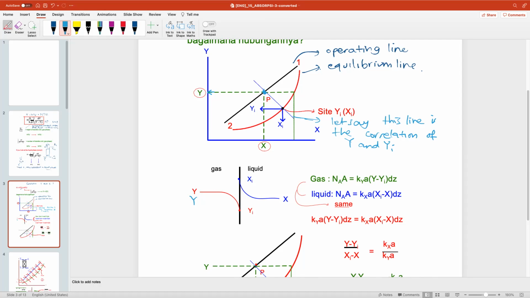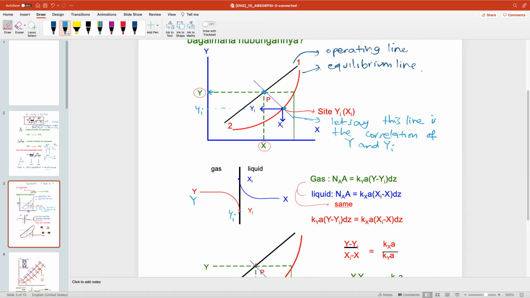So if this line is the correlation between y and yi, for example, in this point, this is the equilibrium one, so I'm going to go that way and then read my yi here. Okay, so this one is y.